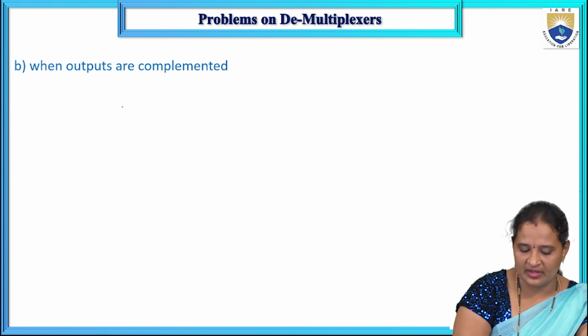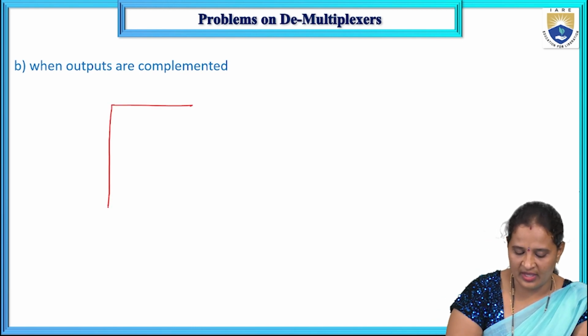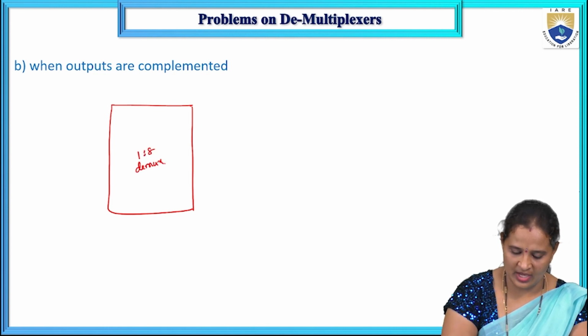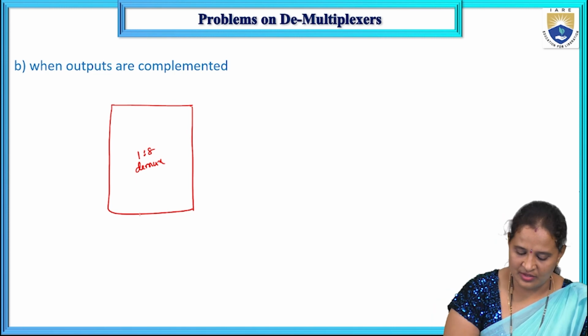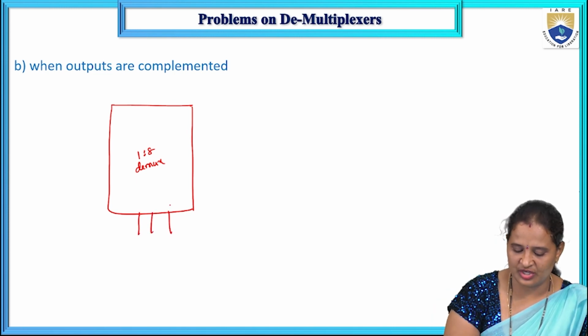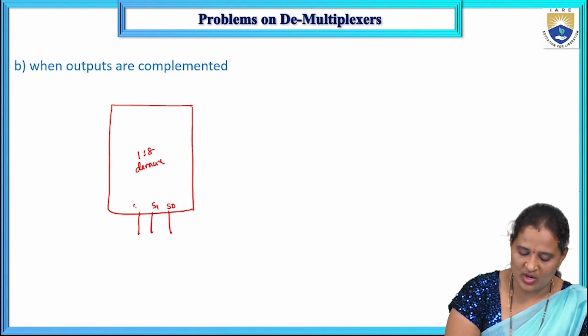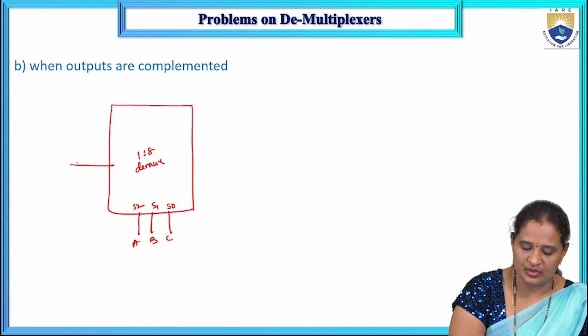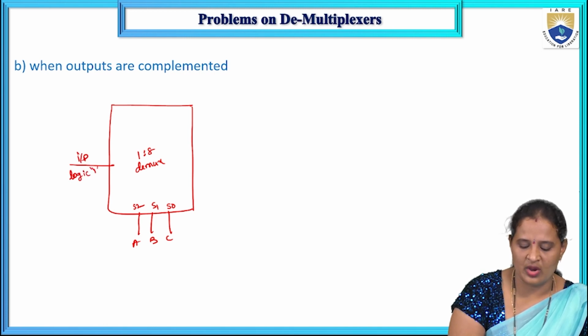Outputs are complemented in the sense that we draw the 1 to 8 demux again, with 3 selection inputs S0, S1, S2, which are A, B, C, and one input line, which is again connected to logic 1.